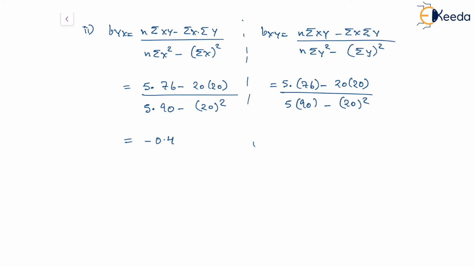We see that this also comes out to be negative 0.4. So we have got the values of byx as negative 0.4 and bxy also as negative 0.4.